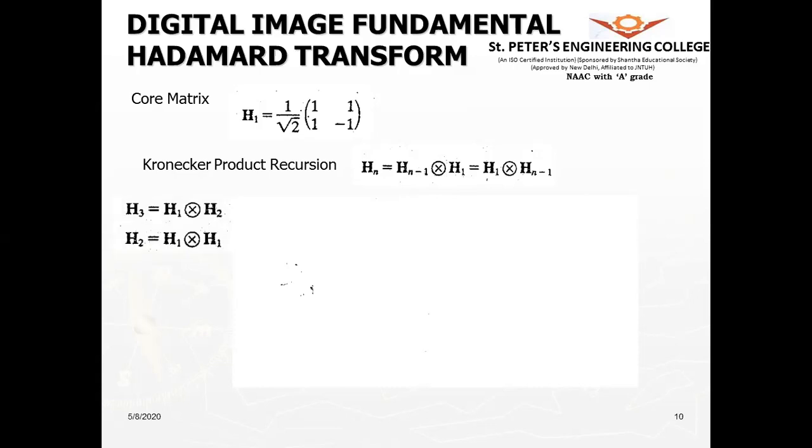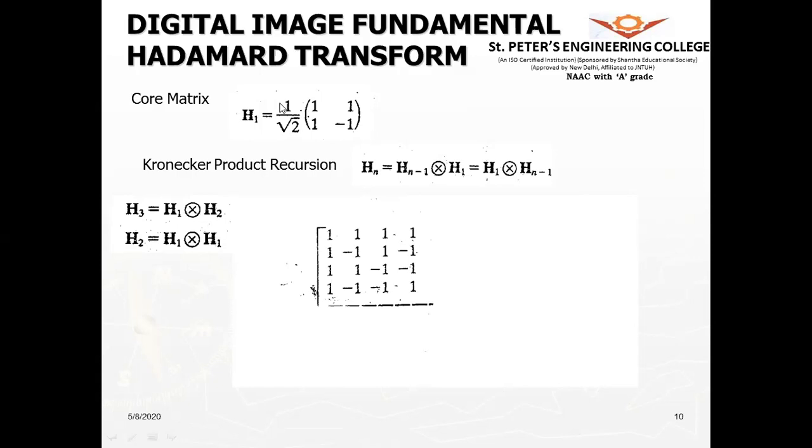So for example, if I want to find H3, then that will be the Kronecker product of H1 with H2. And how do I find H2? H1 Kronecker producted with H1. So I have the matrix given above, which is H1. As I said in the previous discussion, this is the Kronecker product of H1 into H1.